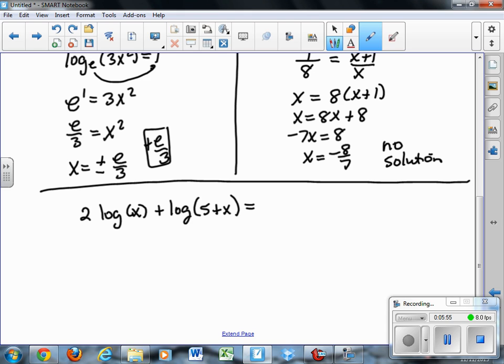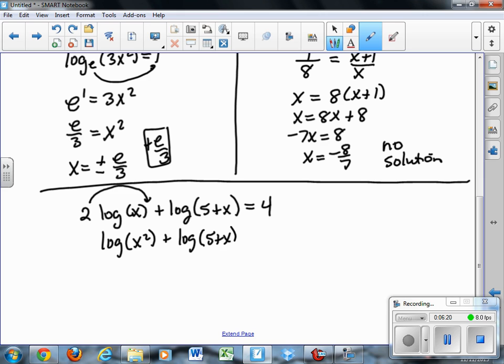And this could get kind of complicated, but I can't multiply the logs because of this 2 here. And dividing by 2 is a problem because then I'd have to divide this one by 2, and then I would have some issues. So one thing you can do is undo the power property and put this back on, and I can say log of x squared plus log of (5 plus x) is equal to 4.